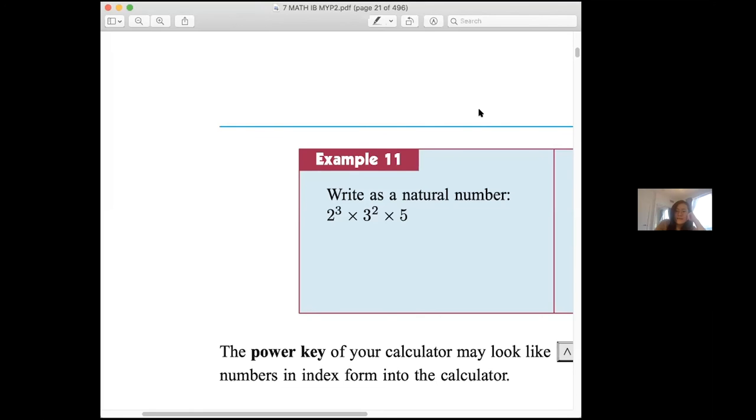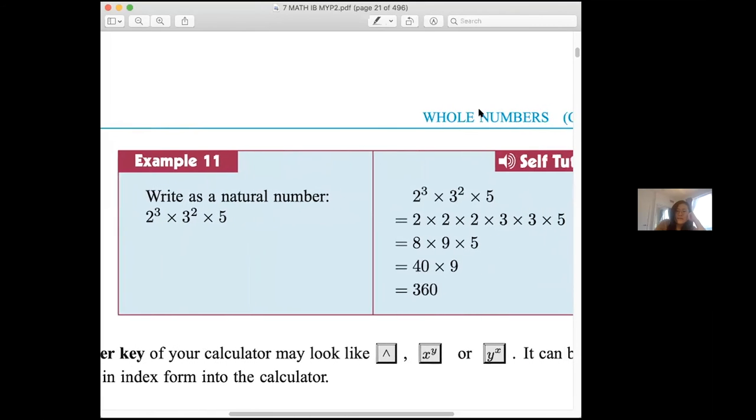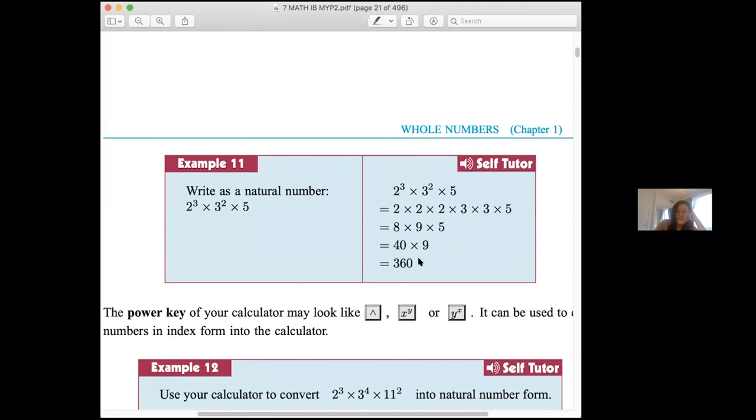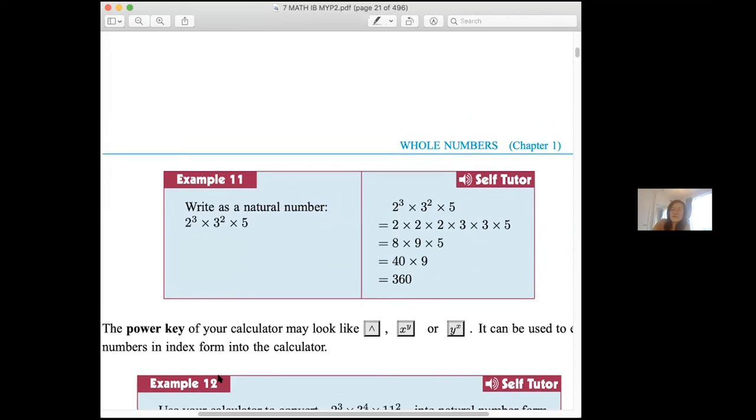I got 360. Perfect. Very good. 360. So again, this is what you're gonna put in your notebook, okay? And every time we finish one example question, you raise up your hand so I know you're done. And I'll choose one student to share the answer with the class.